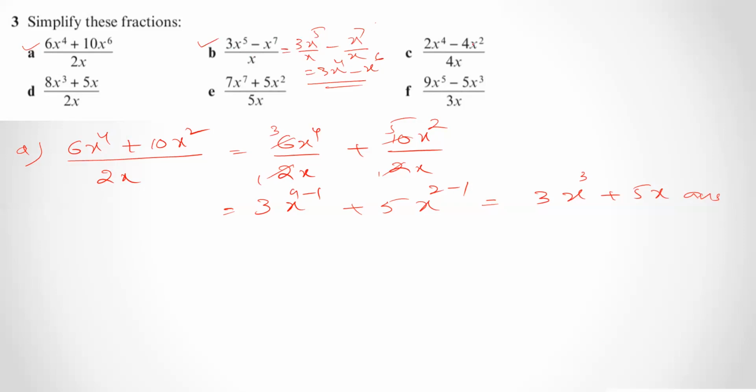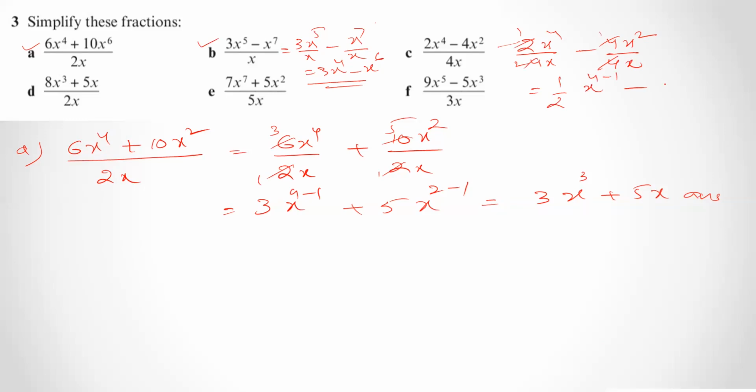Same way we can solve this part. 2x power 4 divided by 4x minus 4x squared divided by 4x. So this 4 will cancel. This 2 times 1, 2 times 2. We get here 1 by 2 times x power 4 minus 1, minus x power 2 minus 1.